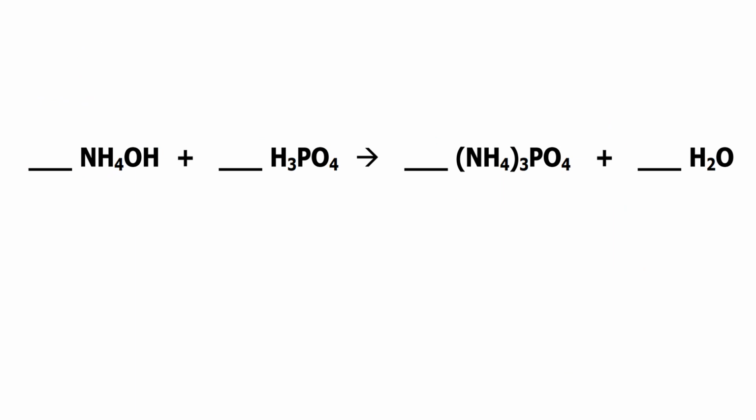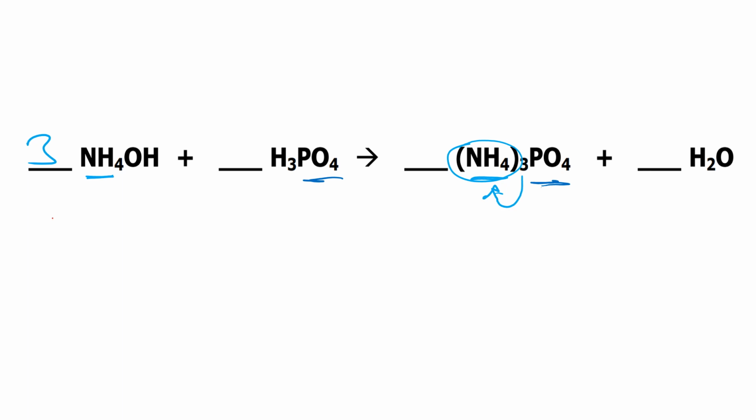Here I have ammonium hydroxide plus phosphoric acid producing ammonium phosphate and water. Notice I have a lot of grouping here: NH4, NH4, PO4, PO4. I have 3 NH4s, so I can put a 3 here. I have 1 PO4 on both sides, so that's okay for now. Now I have to see what I can do with my H's and my O's. I prefer working with H's first and then O's, but just be careful with that.